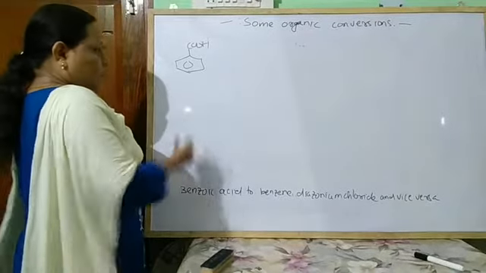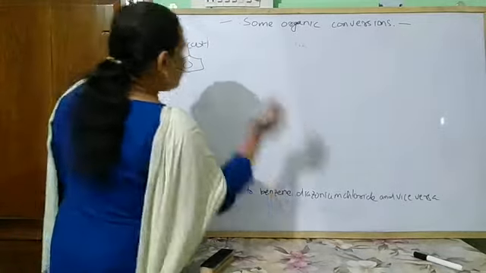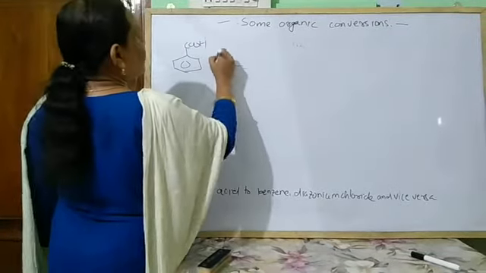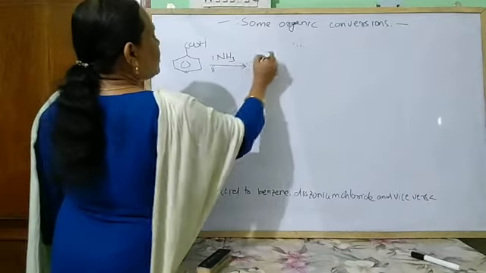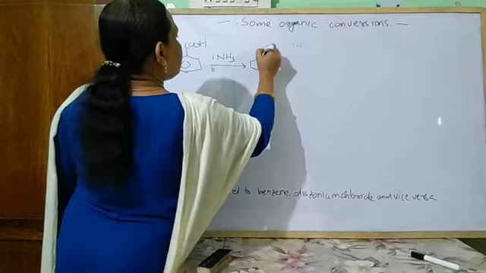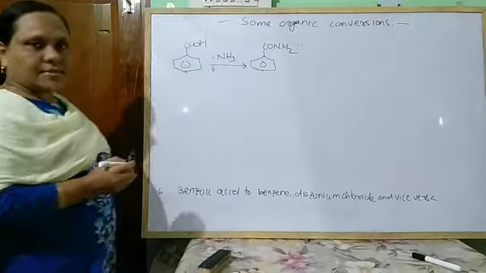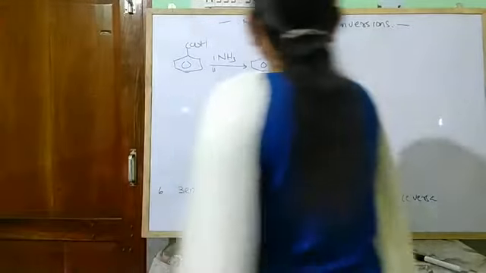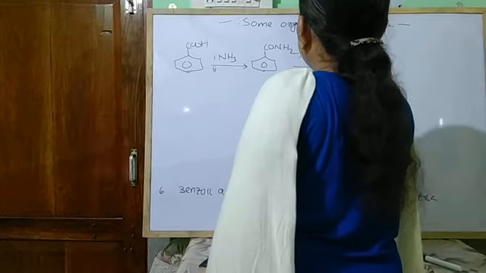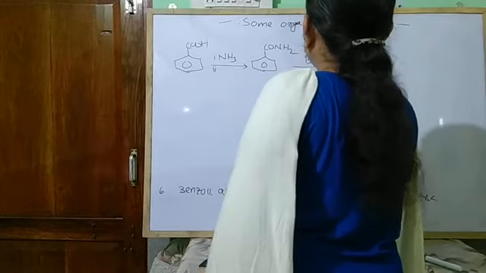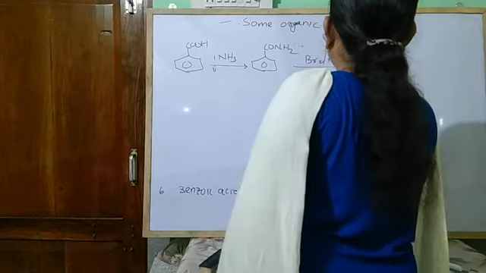So I am giving you two types of conversion here. Benzoic acid to benzene diazonium chloride. First it reacts with ammonia and heat. It forms amide, benzamide. And when this benzamide is treated with bromine and aqueous KOH, it forms aniline.